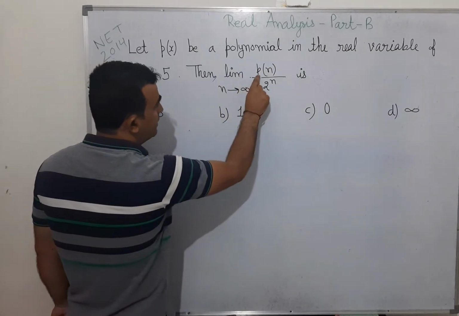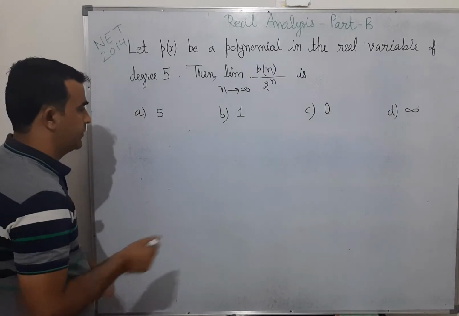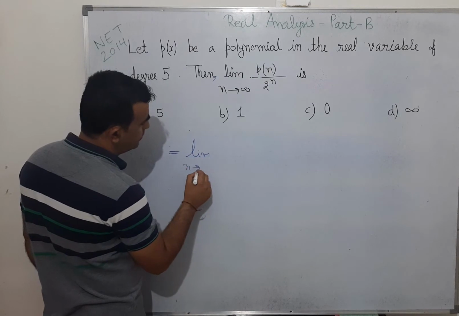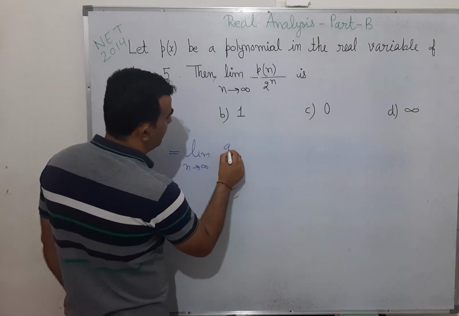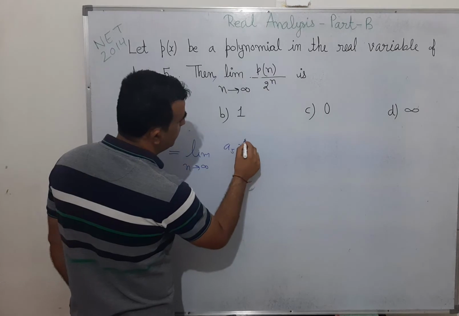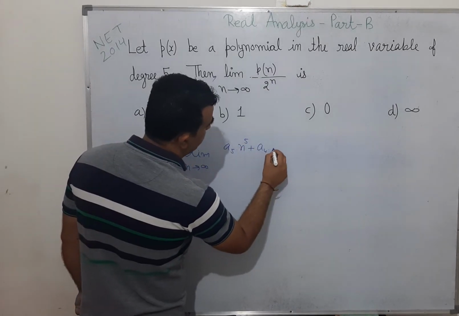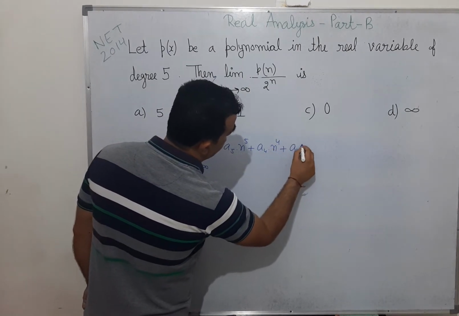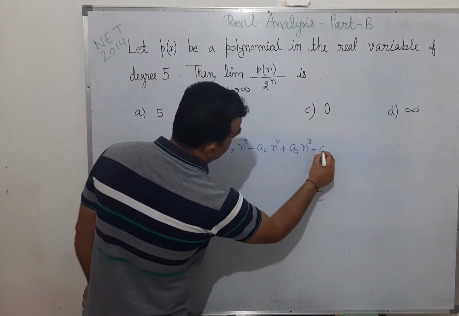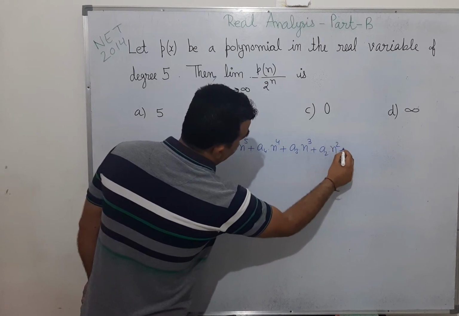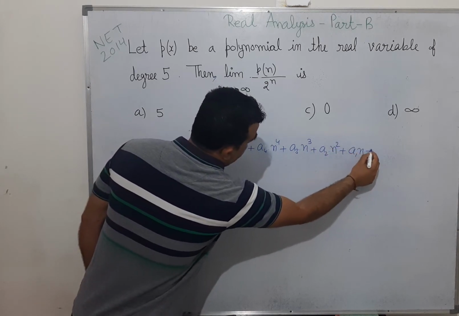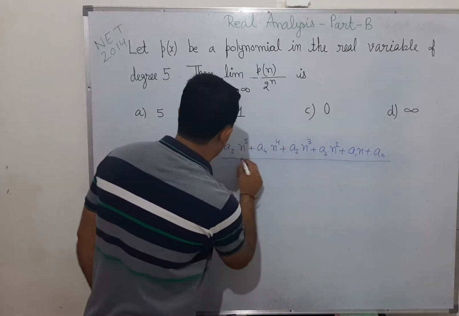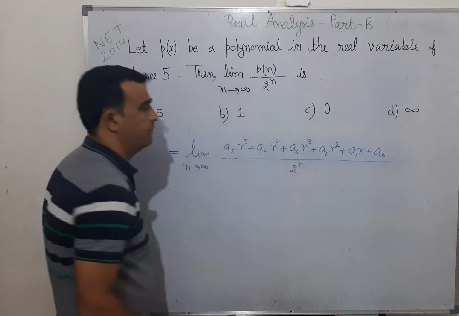Then we can write this polynomial in general form as the limit n tends to infinity of a5 into n raised to power 5 plus a4 into n raised to power 4 plus a3 into n raised to power 3 plus a2 into n raised to power 2 plus a1 n plus a0, upon 2 raised to power n.